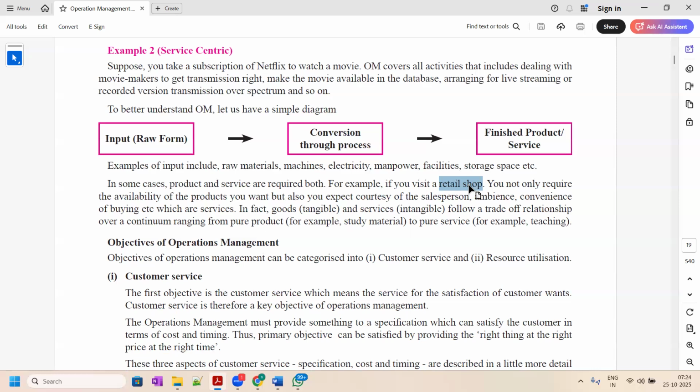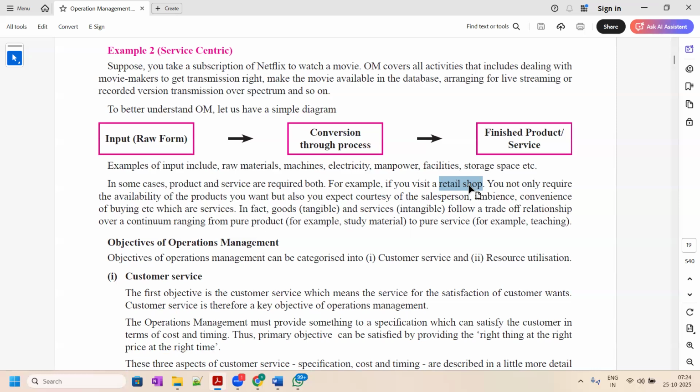So it is very important that in retail shopping and all, we want experience also, and we want support from the salesperson who can give us appropriate guidance. At the same time, we want ambience, we want convenience of buying.